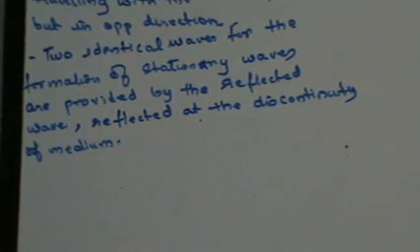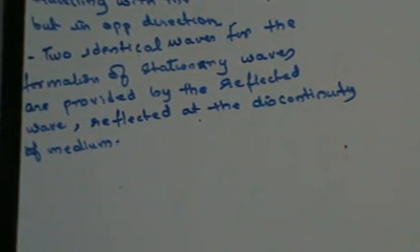If I have a progressive wave and there is a discontinuity of the medium, it would get reflected back. In that case, I would have two identical waves traveling with the same speed but in opposite directions.